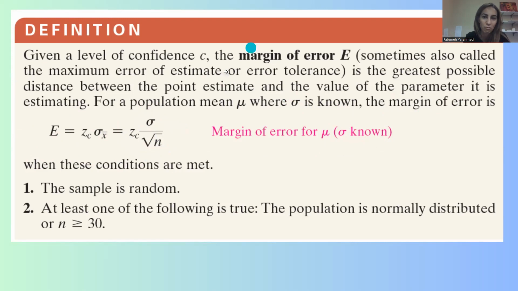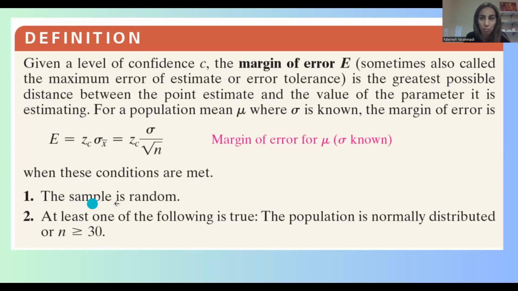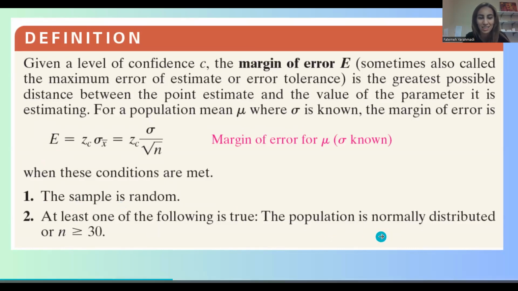When these conditions are met, we can talk about the margin of error. First of all, make sure the sample is random, and then your population is normal. Or if you are not sure about the normality of population, make sure your sample is larger than or equal to 30 in size.